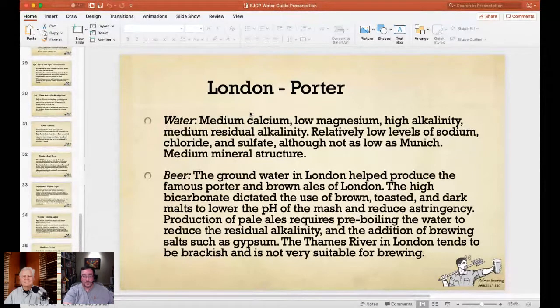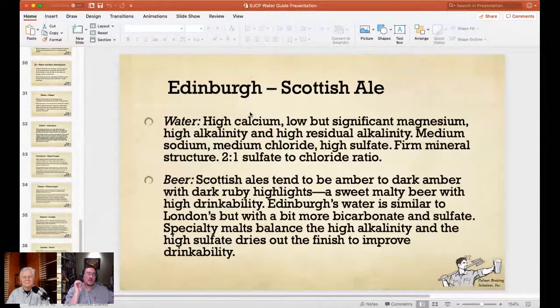Edinburgh, Scotland: high calcium, low magnesium, high alkalinity, high residual alkalinity, high sulfate, medium chloride. Water that is not that much different from some of the other waters, but they brewed different beer with it. Part of it is due to economic considerations. Hops were expensive. Specialty malts were expensive.